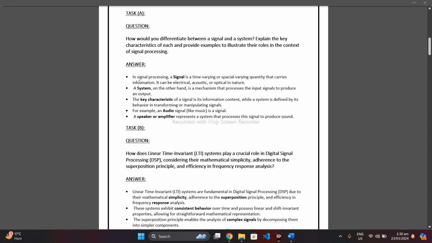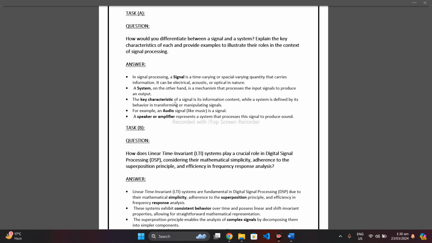The answer is, in signal processing, a signal is a time-varying or spatial-varying quantity that carries information. It can be electrical, acoustic, or optical in nature. A system, on the other hand, is a mechanism that processes the input signal to produce an output.